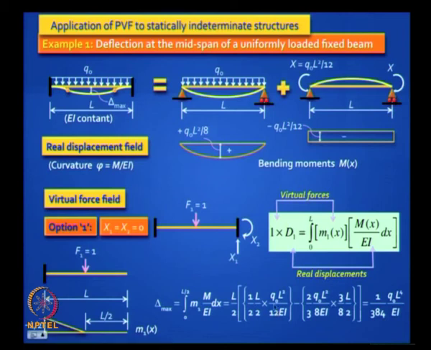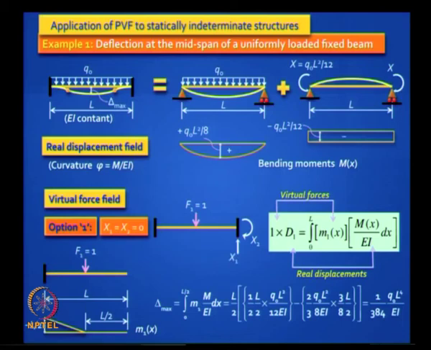Now we need to multiply this parabolic area. What is the area? 2/3 of q naught L square by 8 into L and into L by 2 into L by 2. So L by 2 is outside here, and its ordinate will be located at a distance of how much?